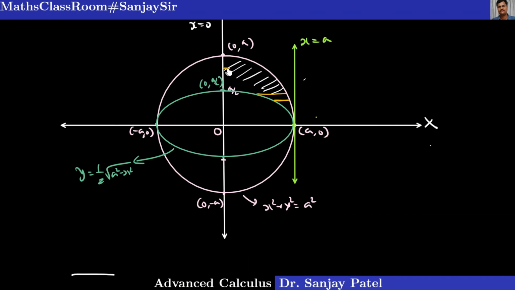But if we choose the horizontal strip here, then the left hand curve is this y-axis, but the right hand curve is circle. So the left hand curve is changing for the different position of horizontal strip. Remember, we are taking a horizontal strip in the region of integration because we want to integrate with respect to x first.